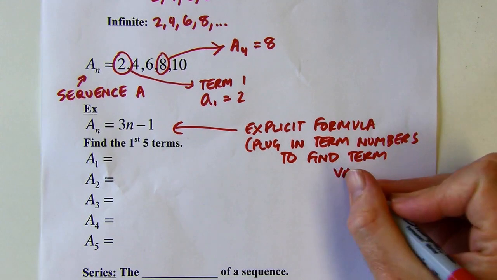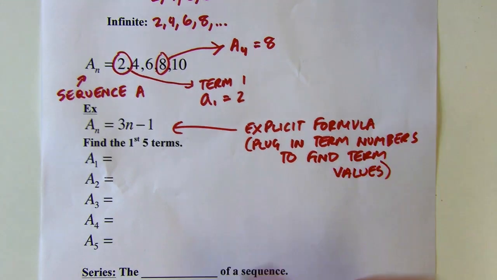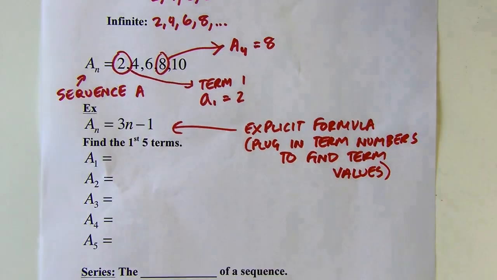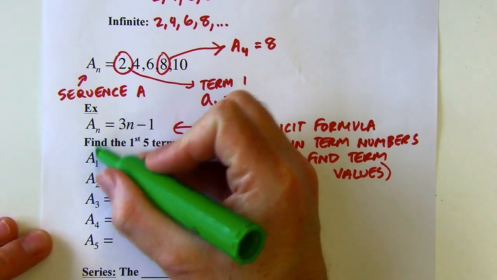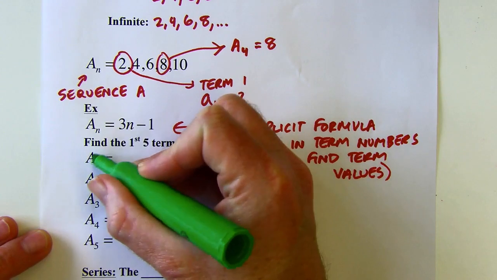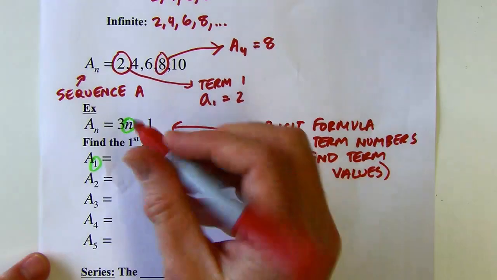So I'm writing plug in term numbers to find term values. Okay. So all I have to do is replace, instead of A sub n, I have A sub 1. So that just means I'm going to replace the n in the formula with the number 1.